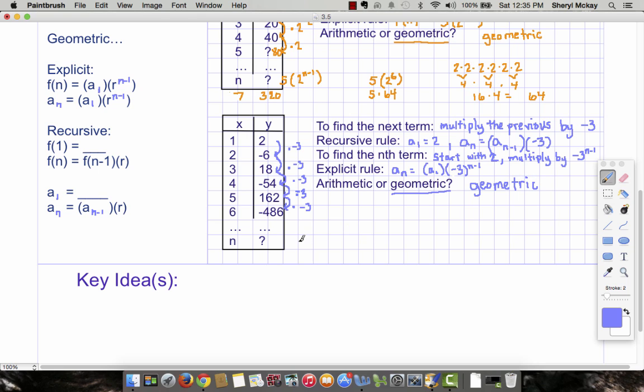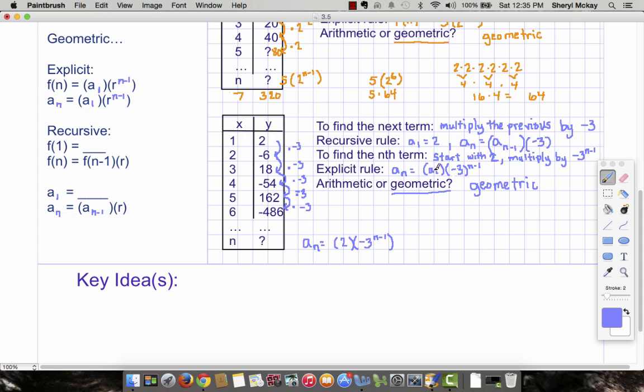So let's go ahead and write it down here. If we know that our nth term, we want to know our nth term, then we would say a sub n equals, let's see, our first term, which is 2, times our geometric ratio, which is -3, to the n minus 1 power.